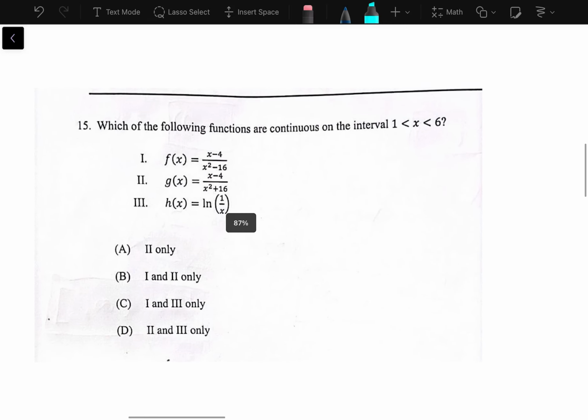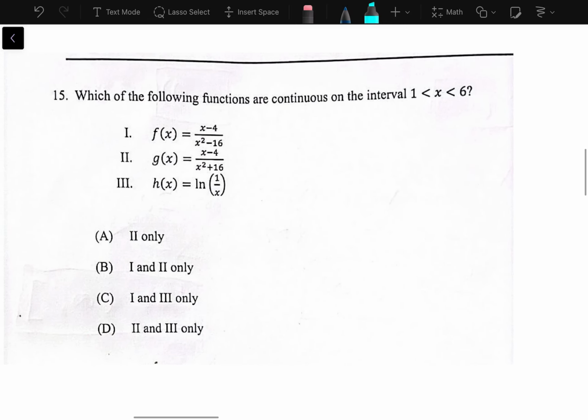This question asks, which of the following functions are continuous on the interval between 1 and 6? So let's sub in 4. Let's just say, between 1 and 6, x can be equal to 4, right?